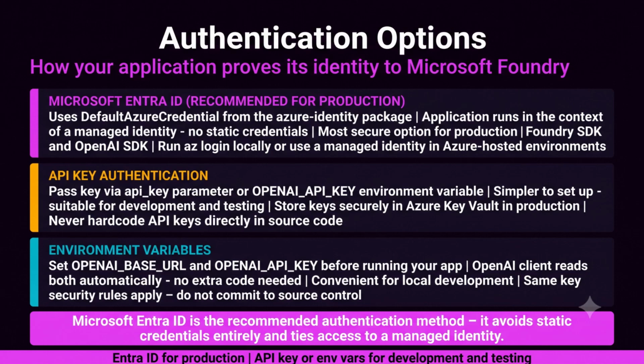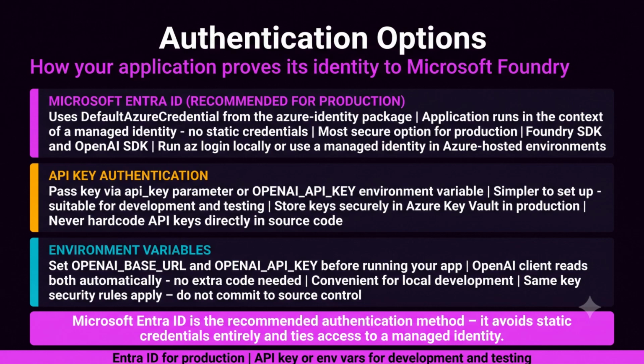API key authentication is simpler and perfectly fine for development and testing. You pass the key via the API key parameter or the OpenAI API key environment variable. The critical rule: never hard code an API key directly into your source code. In production, store it in Azure Key Vault and reference it programmatically.